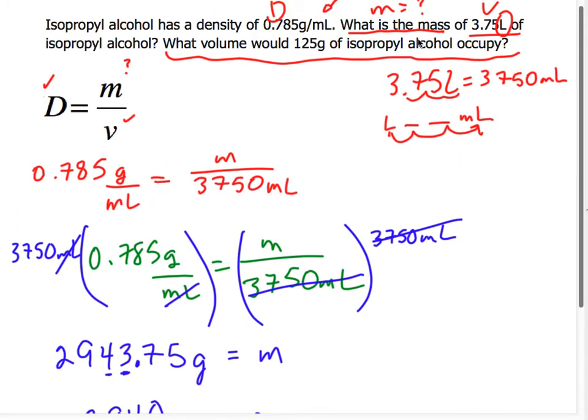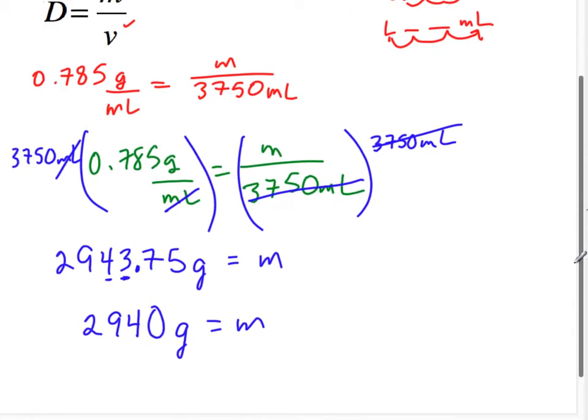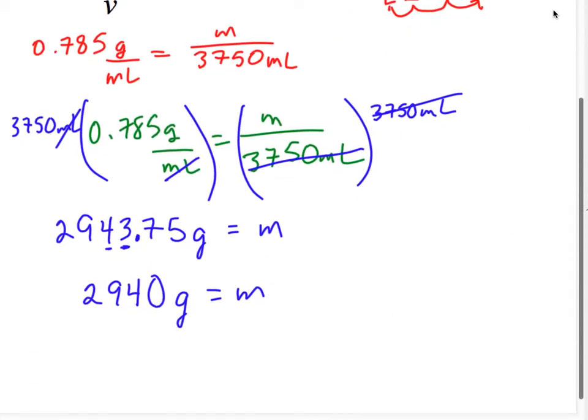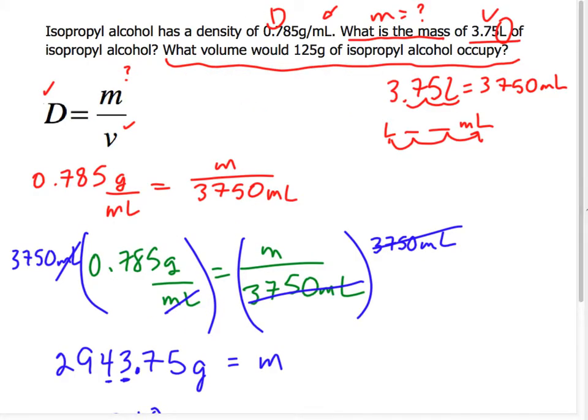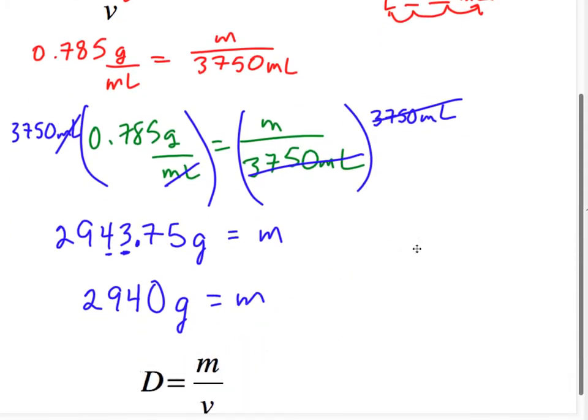Then the second question, they say determine what volume 125 grams of isopropyl will occupy. Let me show you how to do that one too. So at the top here, let me grab this formula. Let's just do a copy and a paste. And let's bring that down here. Maybe I should have done it on a new page.